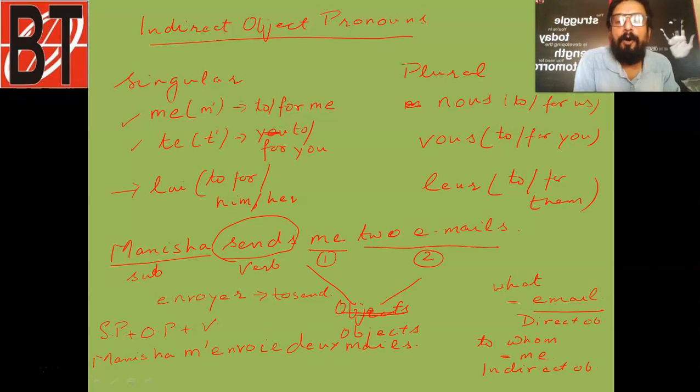So understand how this object pronoun is used. The indirect object pronoun is always answering the question to whom or to what. So whenever you are framing the sentence, make a clear distinction between the direct object pronoun and the indirect object pronoun. We continue with a few more examples.